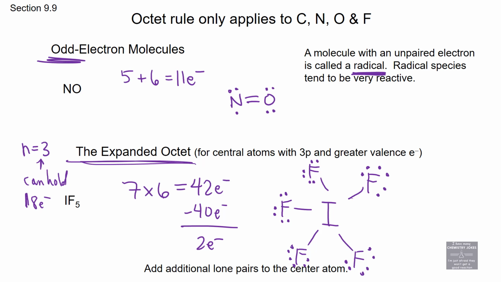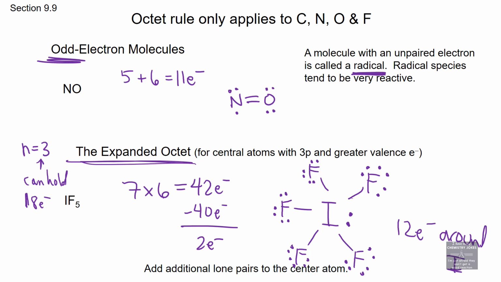When you have leftover electrons, add them to the central atom. So those remaining 2 electrons go around the iodine. So the I has 2, 4, 6, 8, 10, 12 electrons around it. But that is totally acceptable because I is in the 3rd period and beyond. It's in the 5th period, but it's 3rd period and beyond.